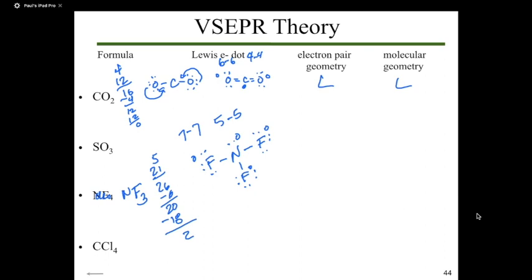Okay? So it is tetrahedral for the electron pair geometry, but trigonal pyramidal for the molecular geometry.